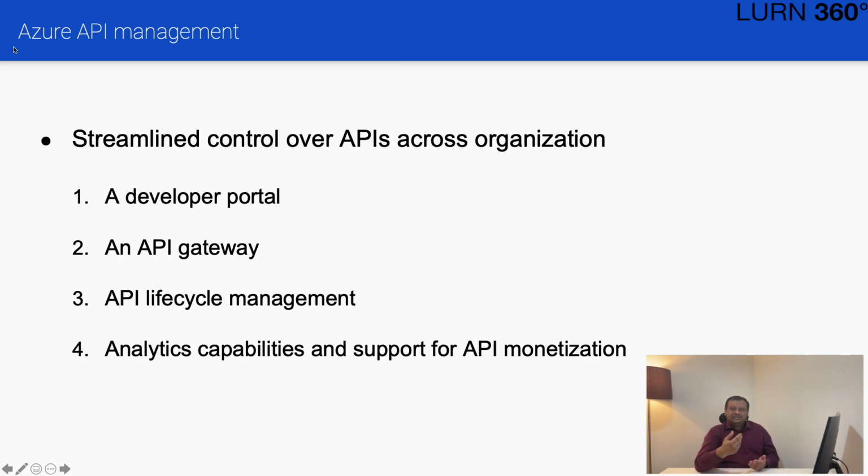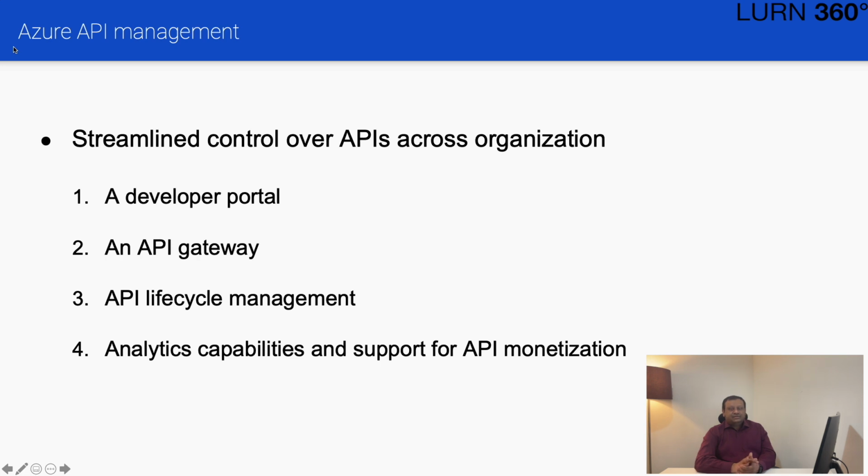How many times each API is being called, who is calling it, how many times each person is calling it, right? Is there a throttling needed? Is it returning errors? If it's returning errors, at what frequency? So at the organization level, you want all of this analytical data so that you can make sense out of it and fix things if they're broken, right? You can take a lot of decisions based on this analytics, right?